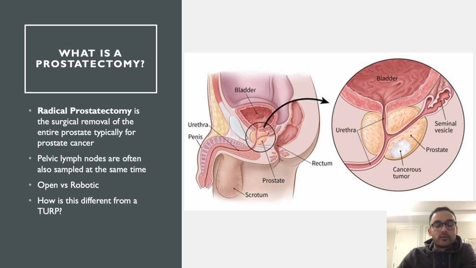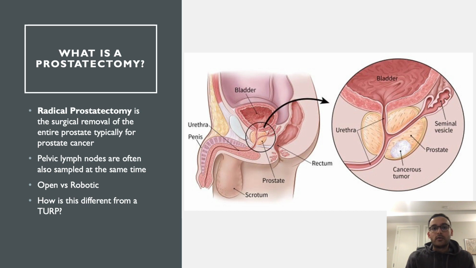So we sample the lymph nodes in the area. There's two different ways to do it: an open prostatectomy and a robotic prostatectomy. We're going to be doing the open radical prostatectomy, so it's done through a small incision we make in the midline just below the belly button down to the pubic symphysis.